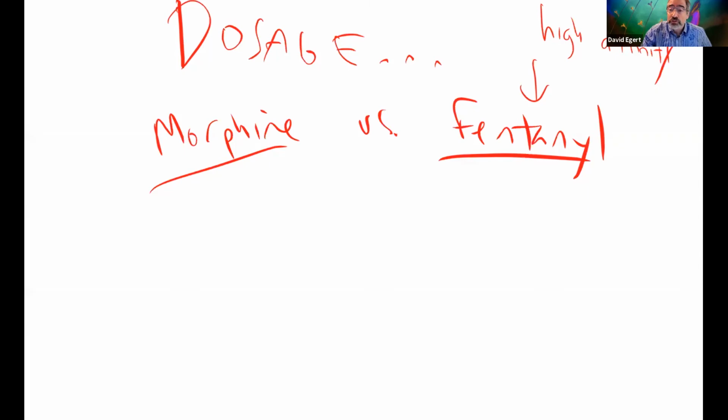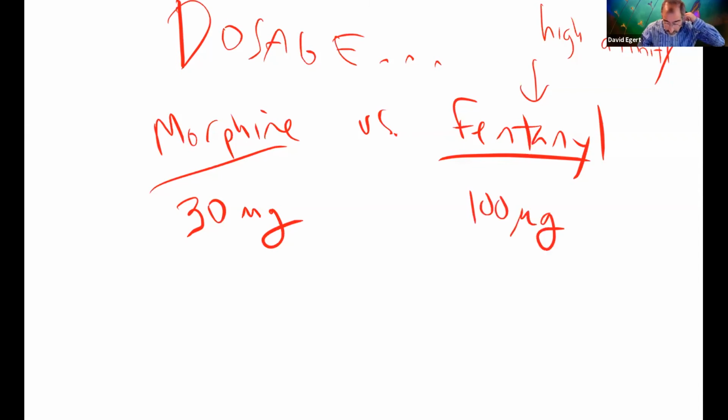A normal dosage of morphine, you get wheeled into the ER or something, they'll give you maybe 30 mgs of morphine. For fentanyl, you literally need 100 micrograms. That's 0.1 milligram.